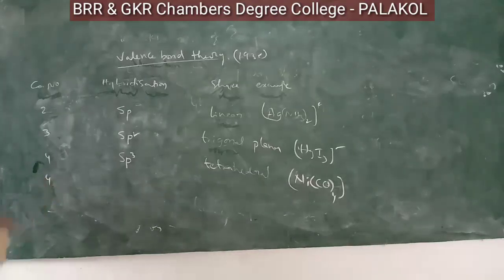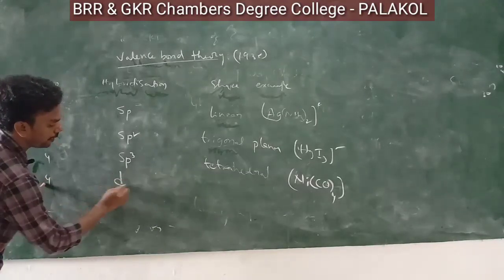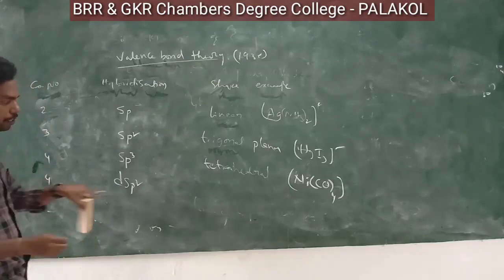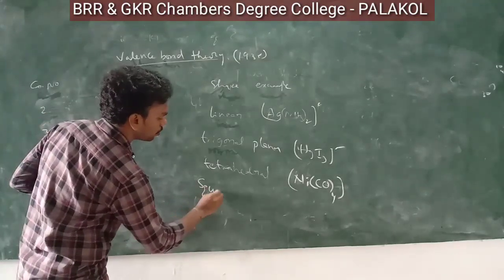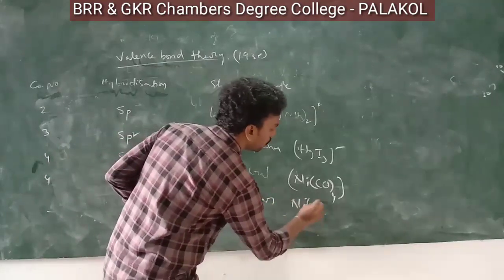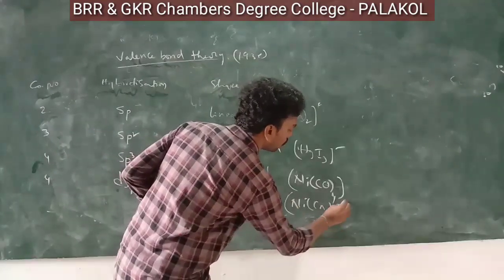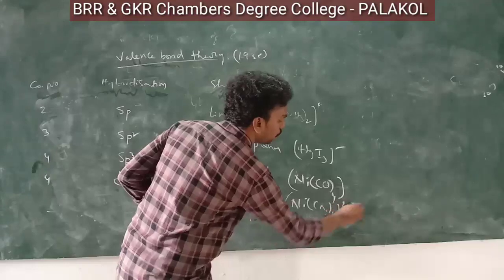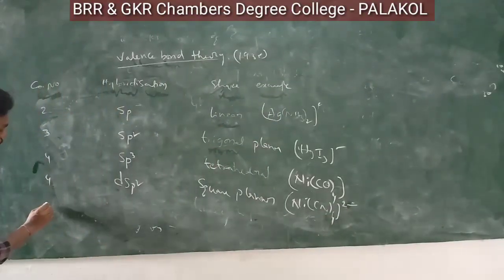For coordination number 4 there is also dsp2 hybridization, square planar, example Ni(CN)4 2 minus.